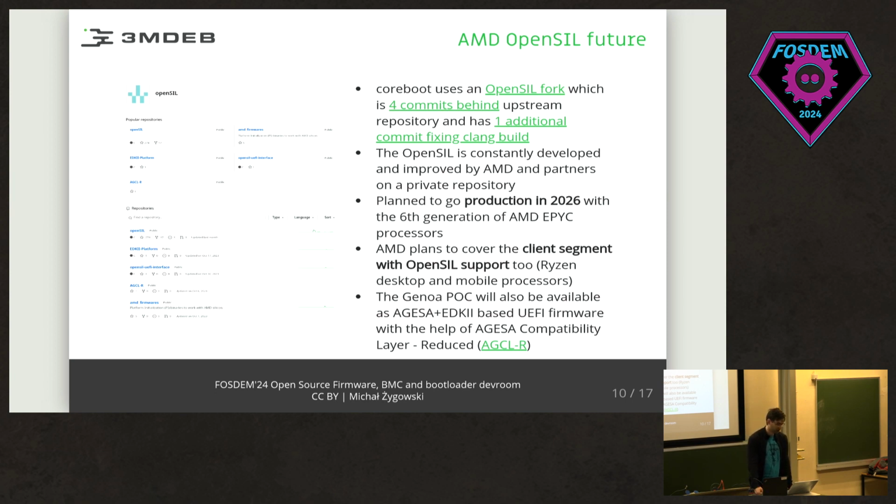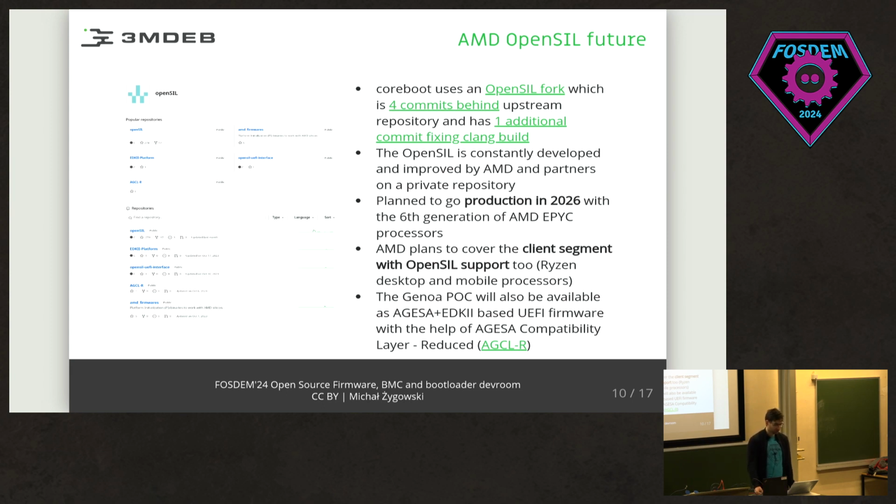So basically we return to the golden era from, I would say, the 2000s, where AMD were also releasing full initialization code for their platforms, and where everybody could actually make a fully open source BIOS firmware for AMD platforms. So that's very reassuring and exciting news.